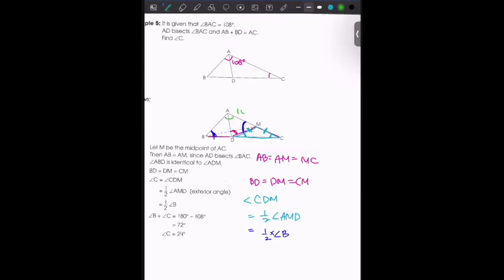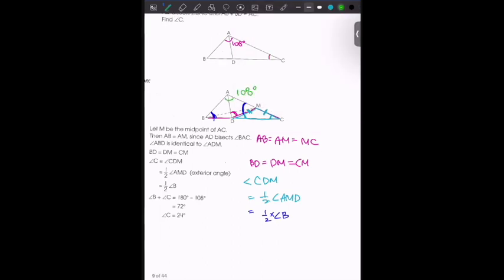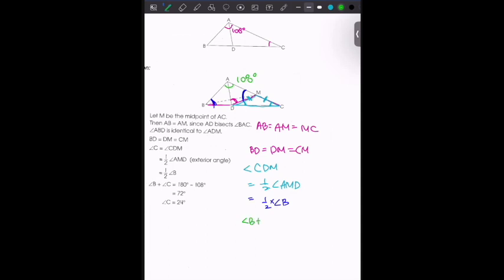Since this angle is equal to 108 degrees, we know that angle B plus angle C plus angle A must equal 180 degrees. And so angle B plus angle C is going to be 180 minus 108, which is 72 degrees.